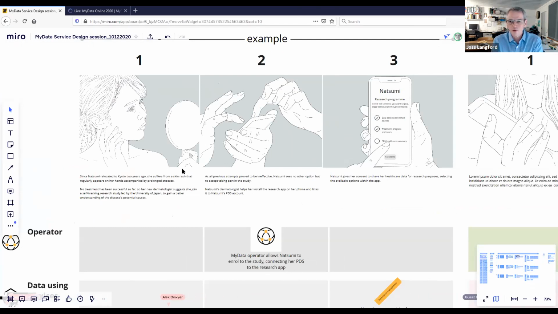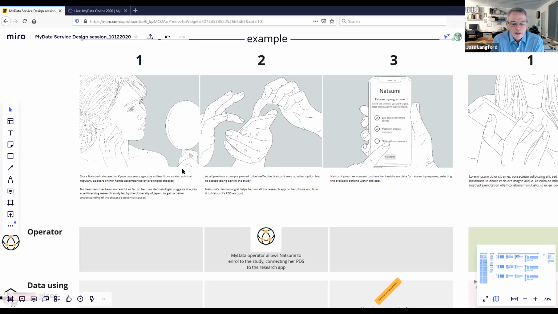This is about health well-being. Since Natsumi relocated, she suffers from a skin rash that she doesn't seem to be able to fix. It's not a big medical thing, but she's not been successfully treating it. So, as suggested by her dermatologist, she joins a self-tracking research study.